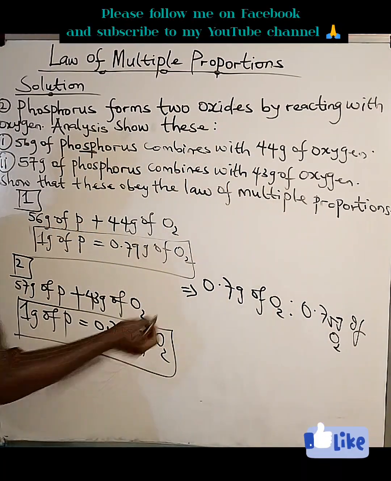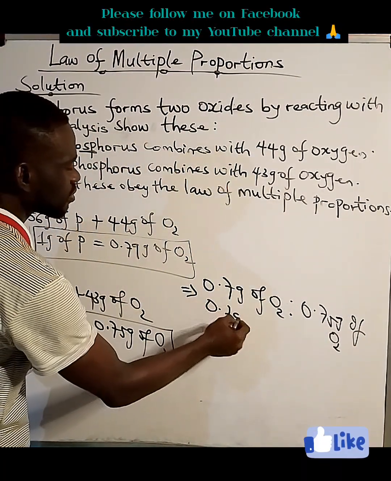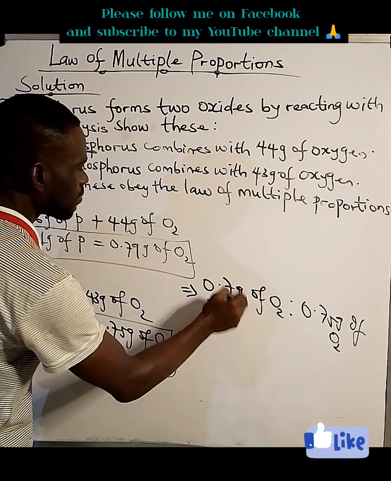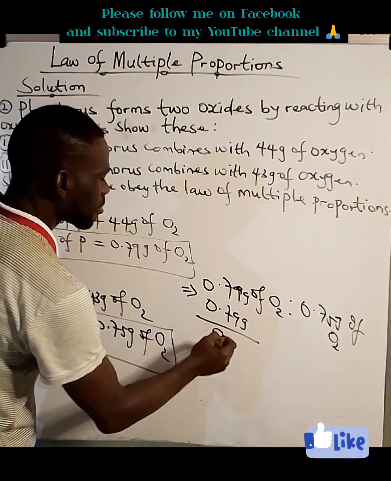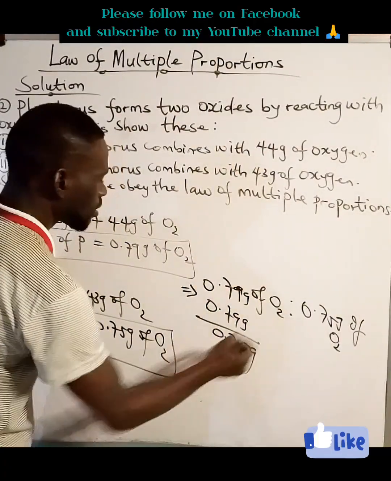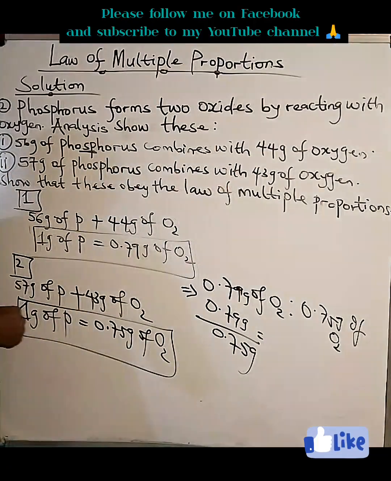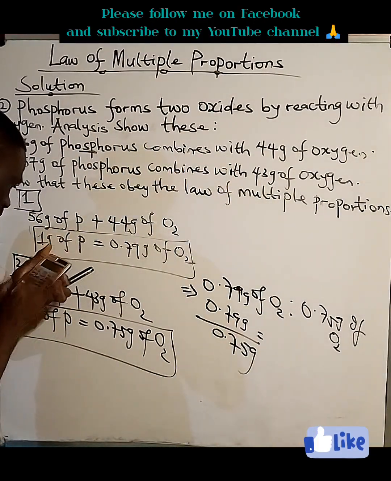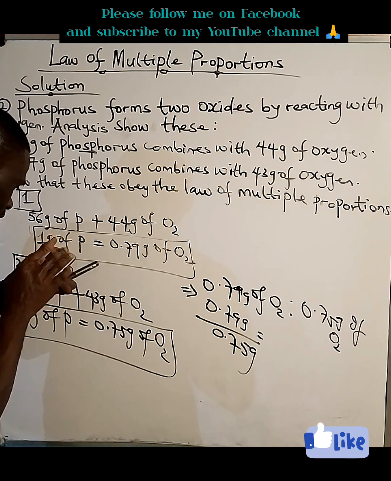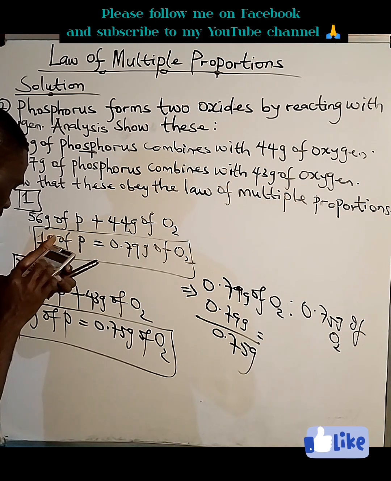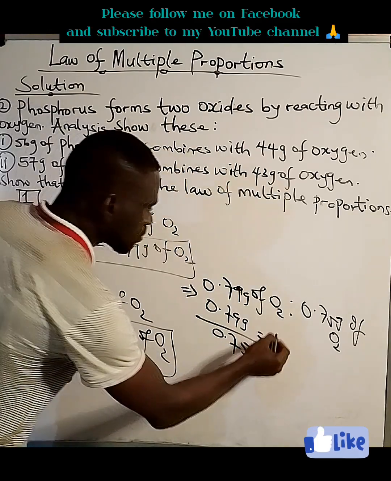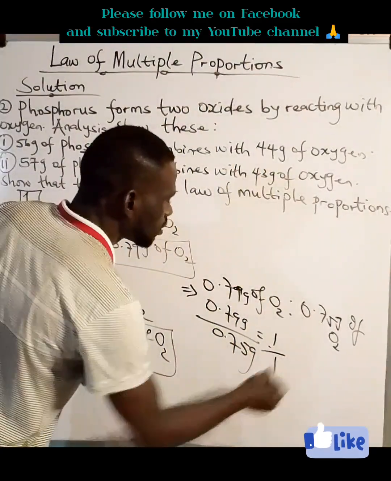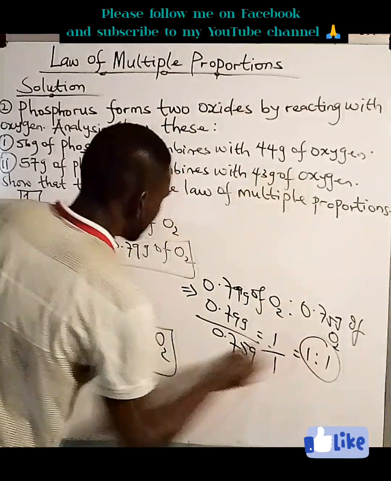We just divide the ratio: 0.79 over 0.75. So we end up having about 1 to 1 approximately. Let's do that: 0.79 divided by 0.75. So you have 1 over 1, so that's 1:1.